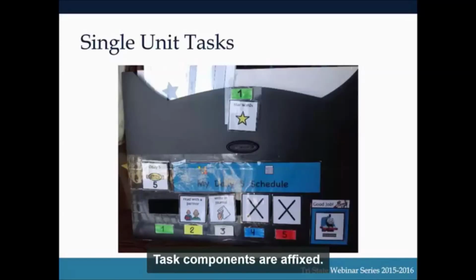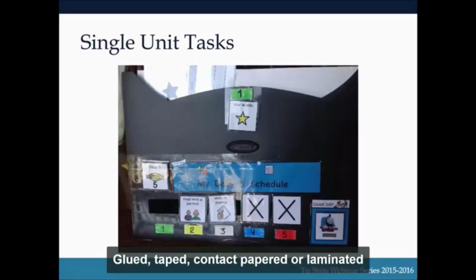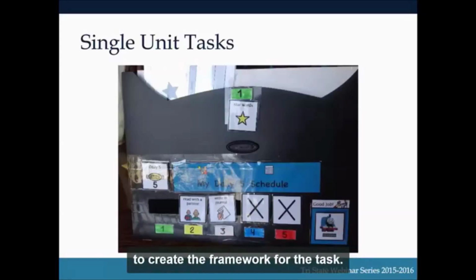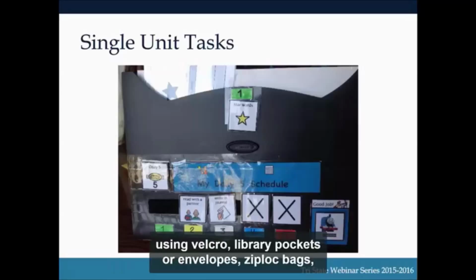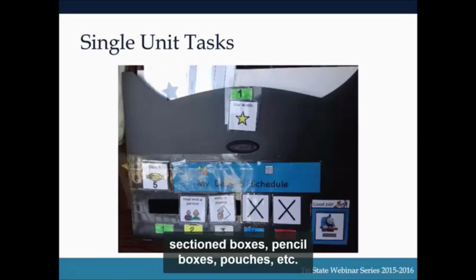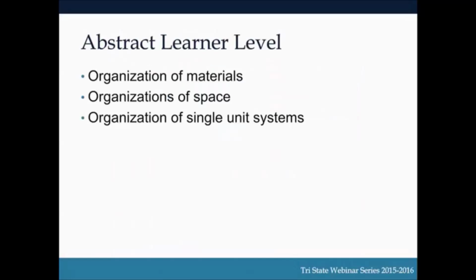Task components are affixed, glued, taped, contact papered, or laminated to create the framework for the task. Loose materials are organized and stored using Velcro, library pockets or envelopes, Ziploc bags, sectioned boxes, pencil boxes, pouches, etc.